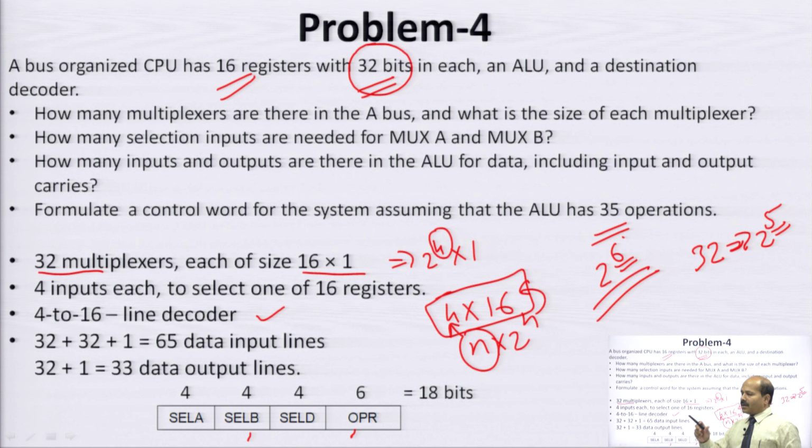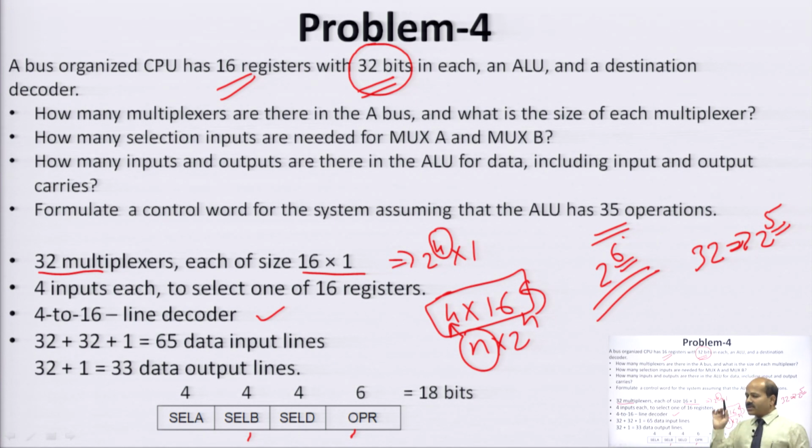And what is the total number of input bits and the total number of output bits? Here you can take the reference of the previous diagram of the selection of registers in a given CPU control organization, processor organization. You can take the same reference.